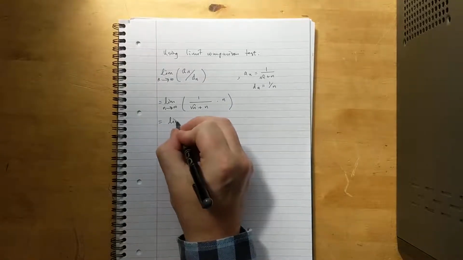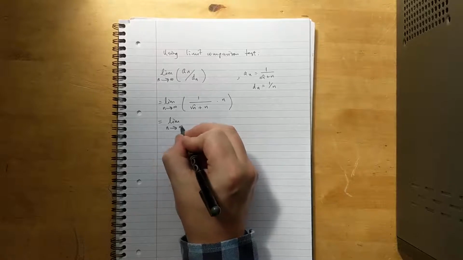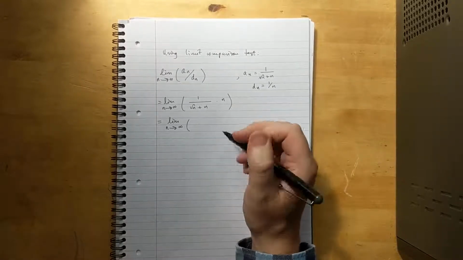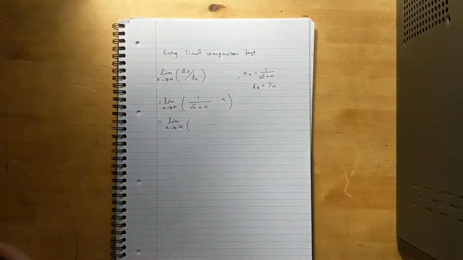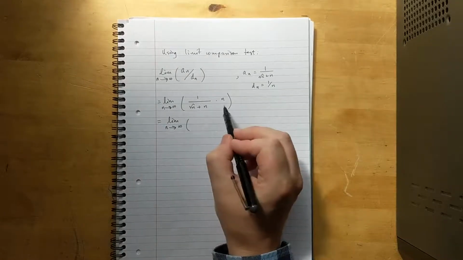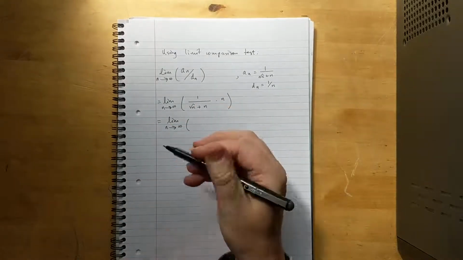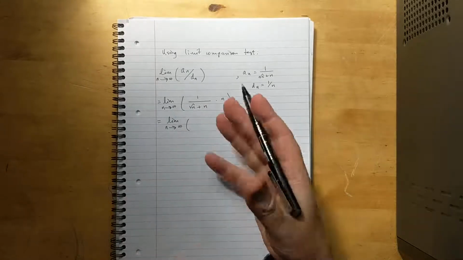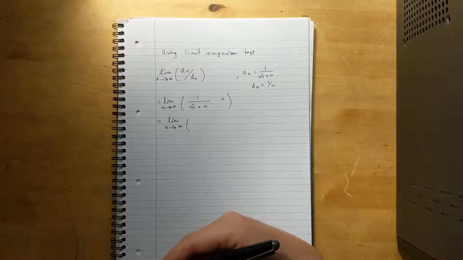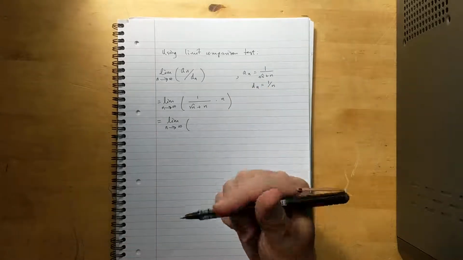Now to determine the limit of this, it's a quotient, so we want to use the quotient rule of the algebra of limits theorem for sequences, but we can't do that yet because both the numerator and denominator are divergent. So the trick is to divide above and below by the highest power of n that you see, and the highest power of n here is n to the power of 1.